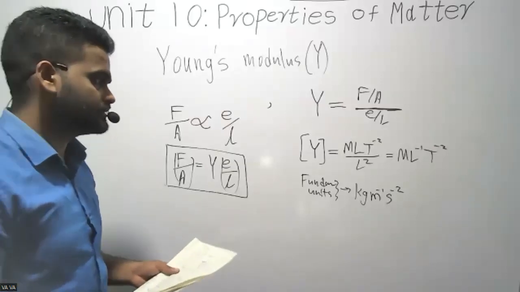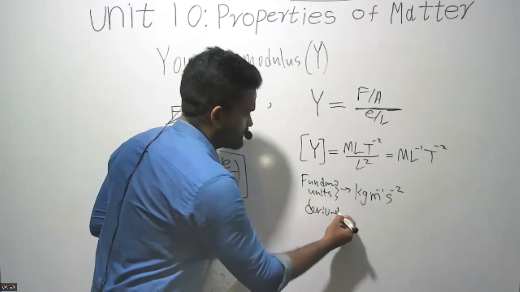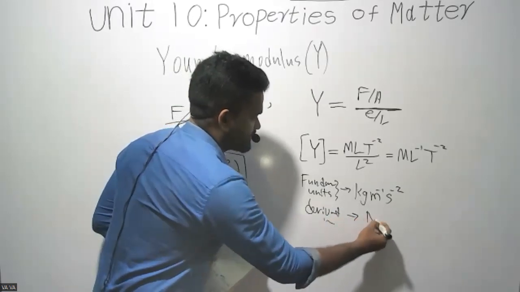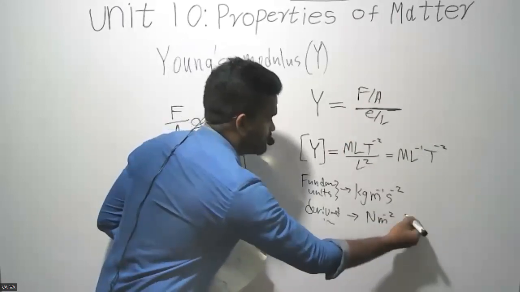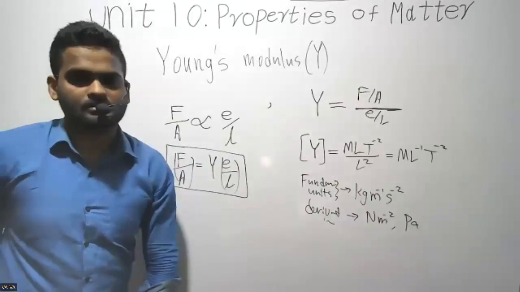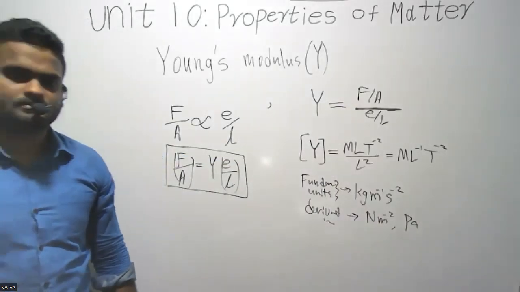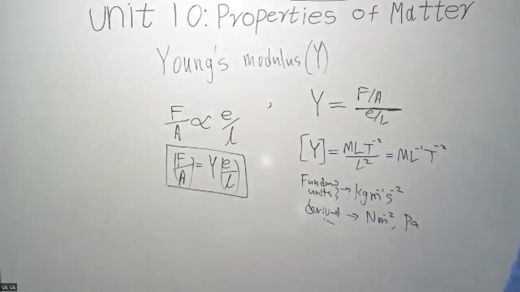Take it down. Then derived units should be the same: newtons per square meter or pascal, because strain doesn't have dimensions.